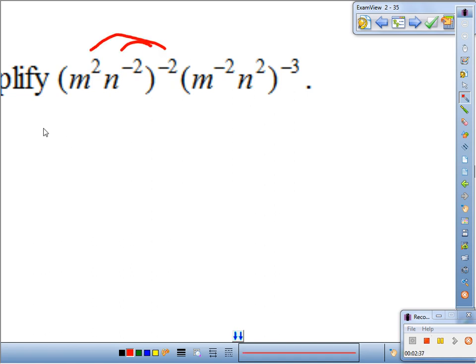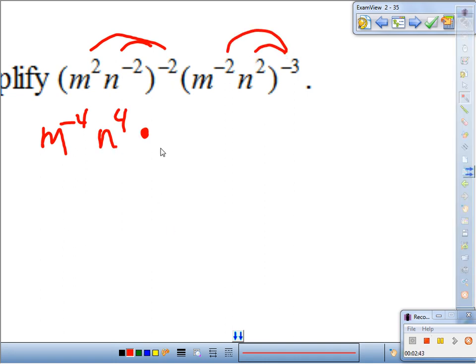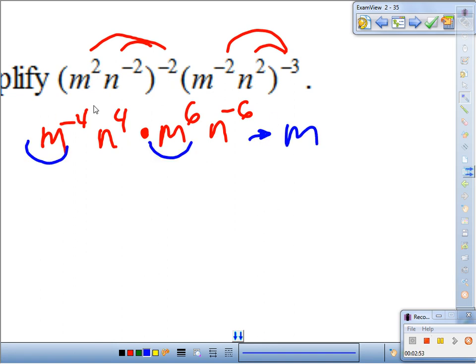Distribute, we get m to the negative 4, n to the positive 4 times, distribute, m to the 6, n to the negative 6, multiply, same bases. What happens to the exponents when we multiply? We add, so what is negative 4 plus 6? 2.